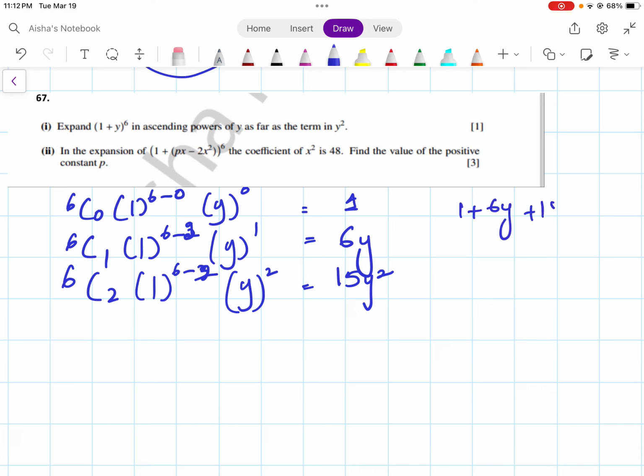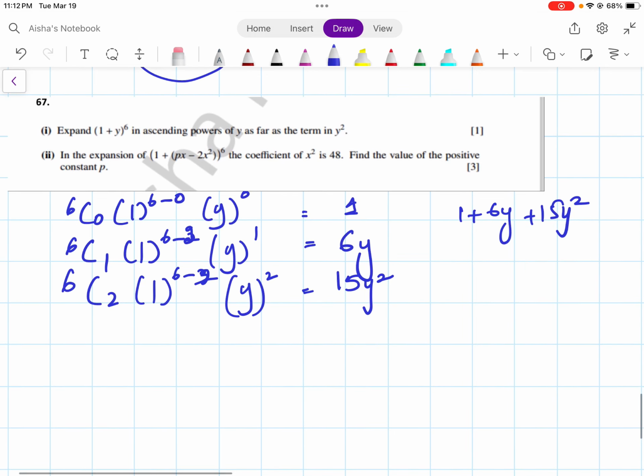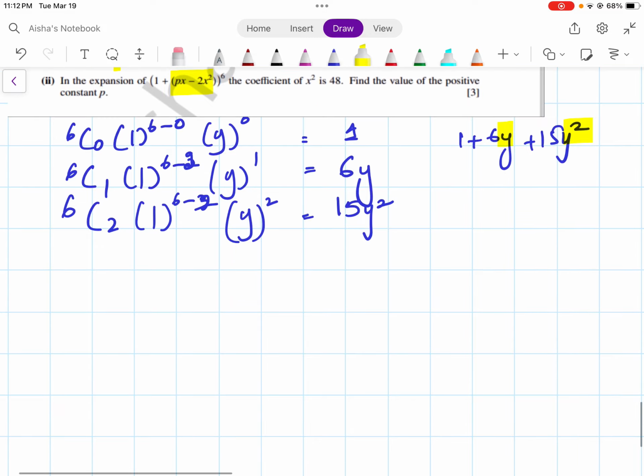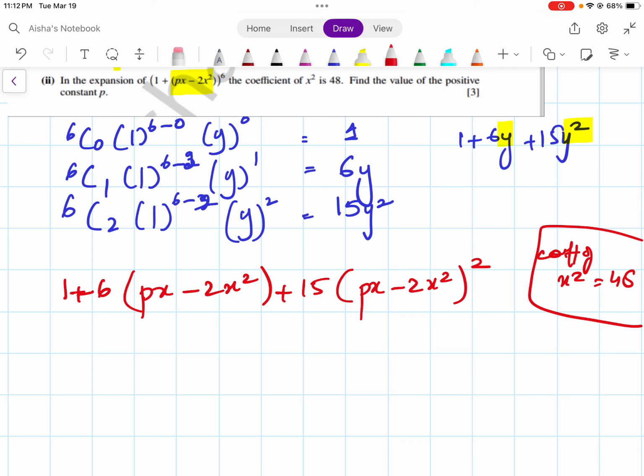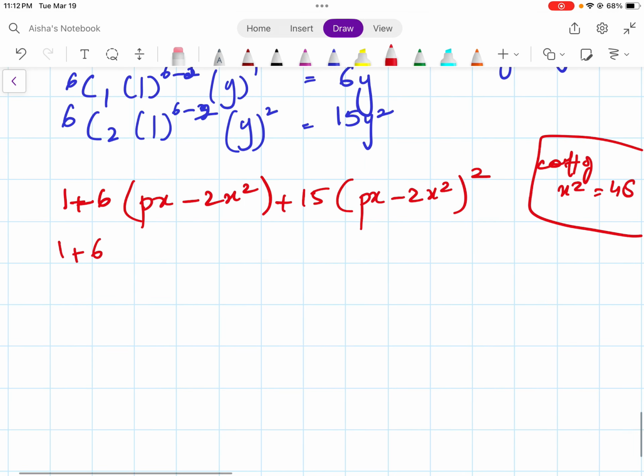So this is my expansion. Now, in the expansion, you can see the y has been replaced with this entire expression, which is what I'm going to do here. So when you make the replacement, the coefficient of x square is 48. This information we will use.